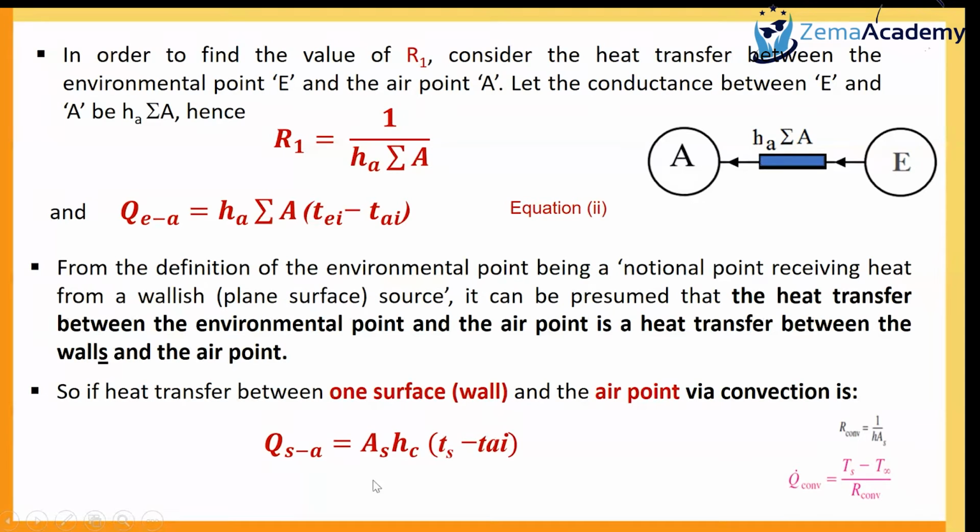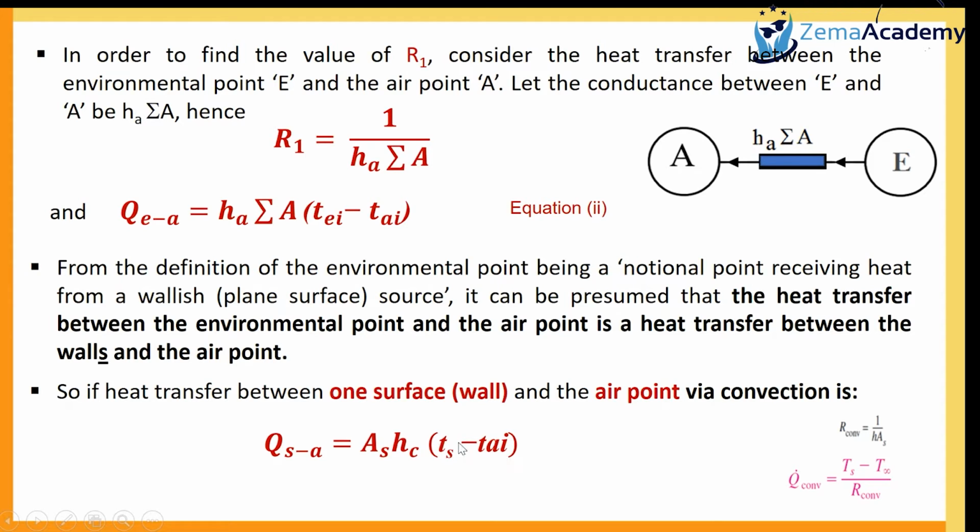We come up with this equation where S is that one surface, A is the air point, that node A, and AS is the surface area, this surface area. HC is the convective heat transfer coefficient of the air.